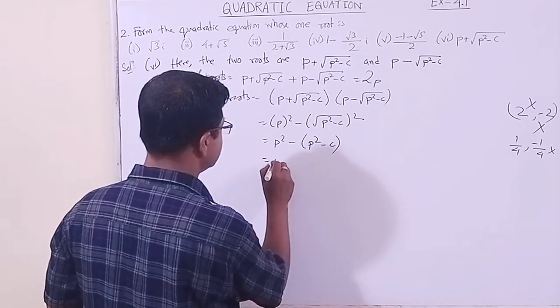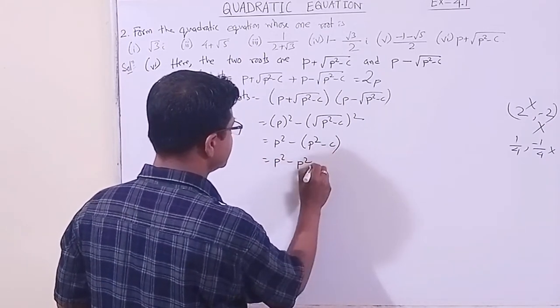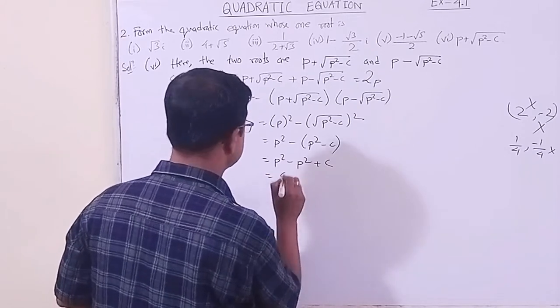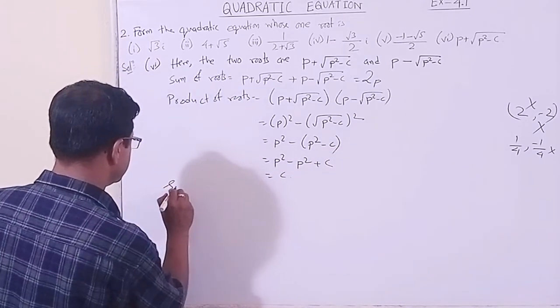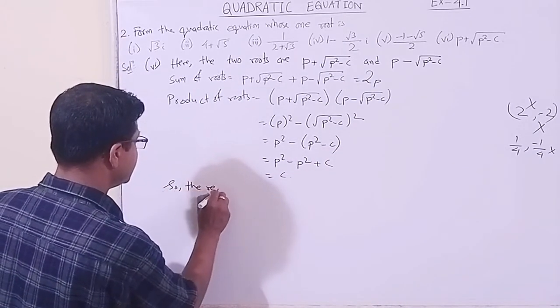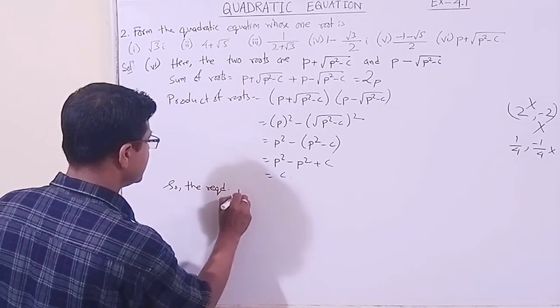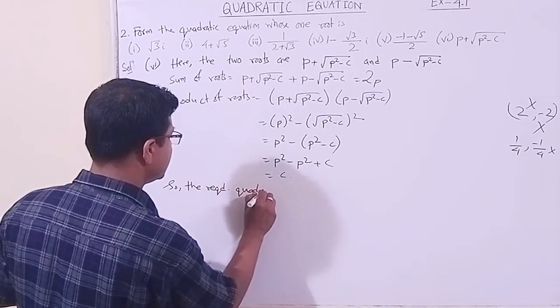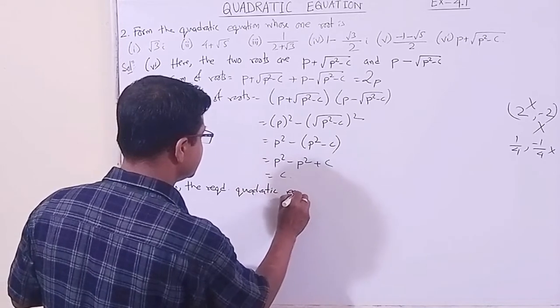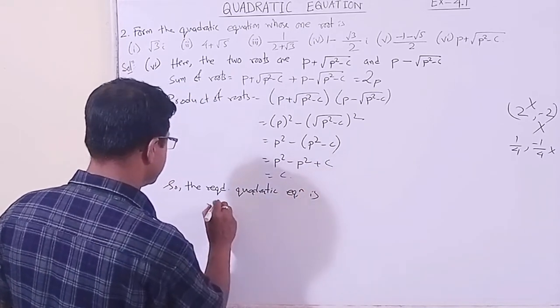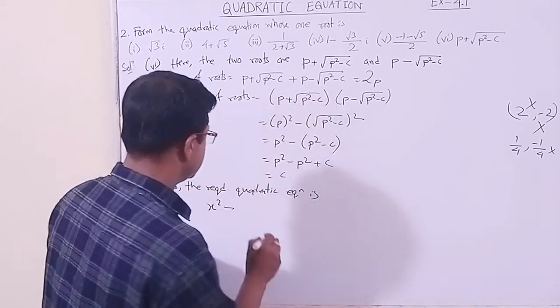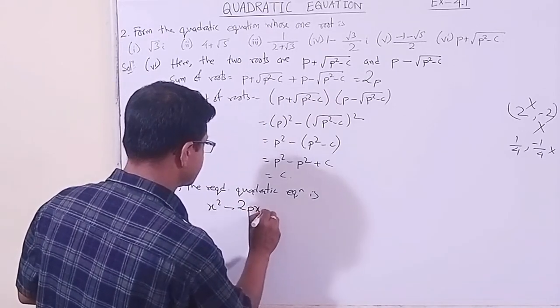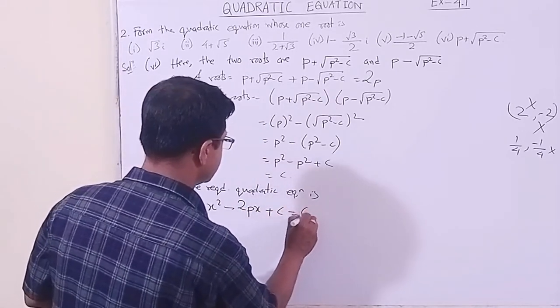P square minus (p square minus c), so p square minus p square plus c. So only c is left. Now, the required quadratic equation is x square minus sum of the roots, twice p, into x plus product of the roots, c, equal to 0.